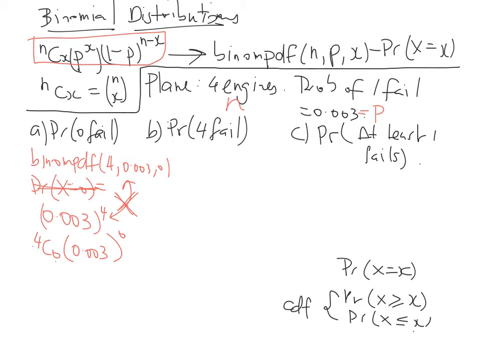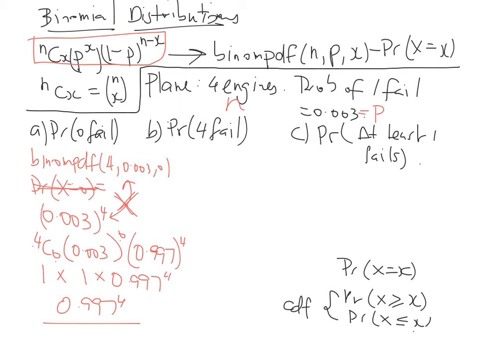To the power of 0, and then it'll be 1 minus p, 0.997 to the power of 4. So it actually ends up being this. 4C0 ends up being 1, times anything to the power of 0 is 1, times 0.997 to the power of 4. So that ends up being the probability of none of them failing.